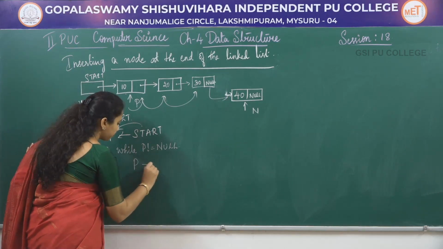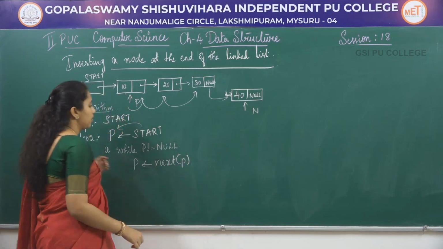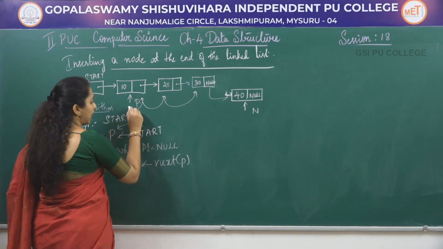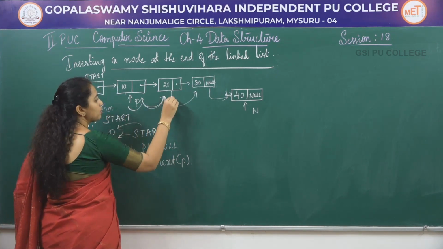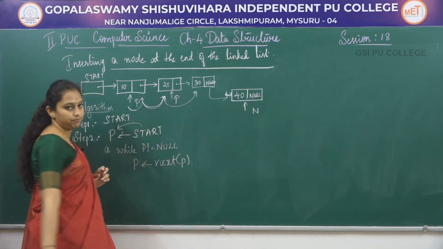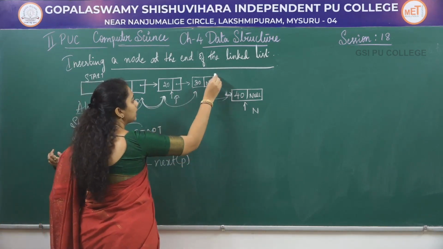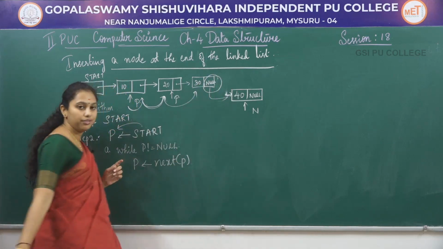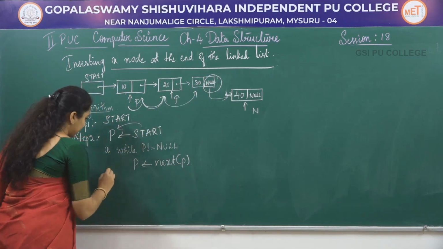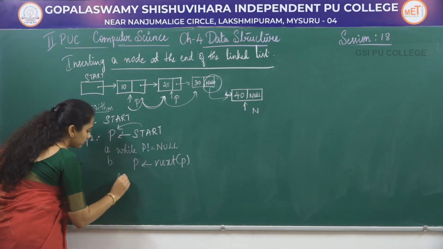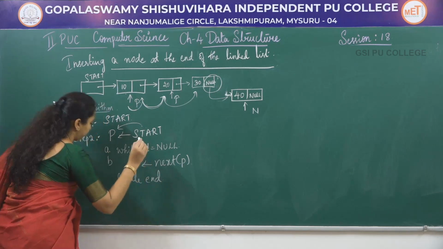That is, p equals next of p. So if I traverse from this node to this node, then this node will become p. Understood? So until we get null in the link field, we traverse all the nodes in the linked list. While end.